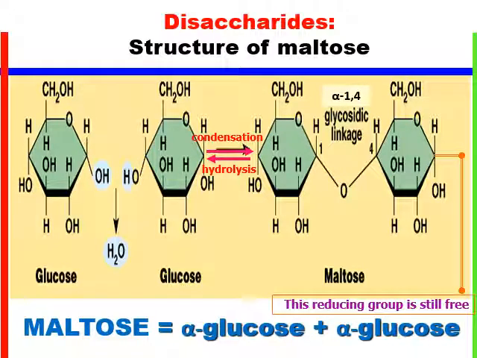Maltose is formed from a condensation process between two alpha glucose, where through the process a water molecule is removed and the two alpha glucose are joined by an alpha 1,4 glycosidic bond. Then maltose is broken down through a hydrolysis process. The hydrolysis process involves the breakdown of a water molecule.